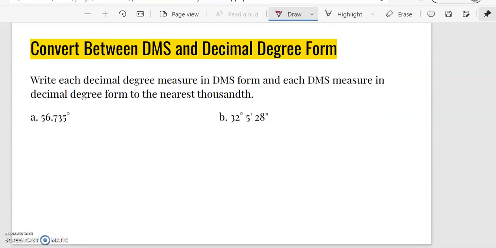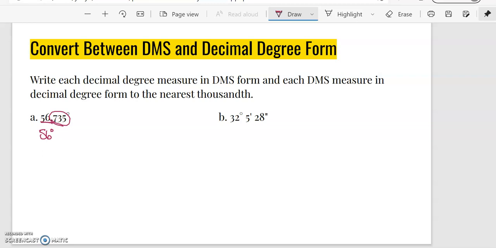All right, so let's convert between each form and the other form. This one is in degree decimal form. So I have 56 degrees and change. My whole number is going to stay as degrees, so 56 degrees is going to stay 56 degrees. Now this decimal, this change, is what I'm going to convert.